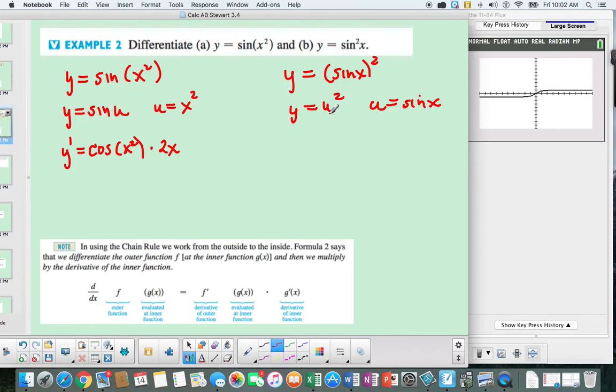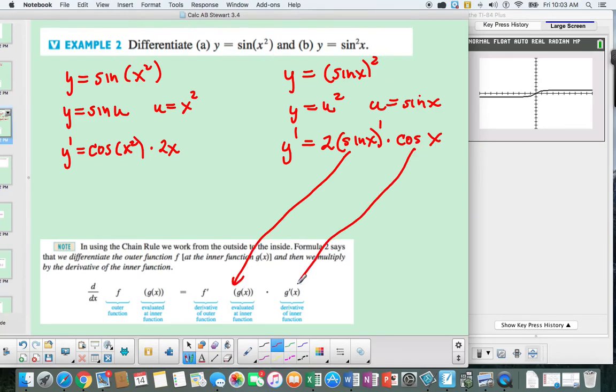Now our outer function is a power, our inner function is sine. So my y prime will be equal to, I'm going to use a power rule here, and I'm going to evaluate with my inner function, so sine of x to the first power, times the derivative of sine of x, which is cosine of x. So this is what I'm trying to follow. This part is this, and this part is this.